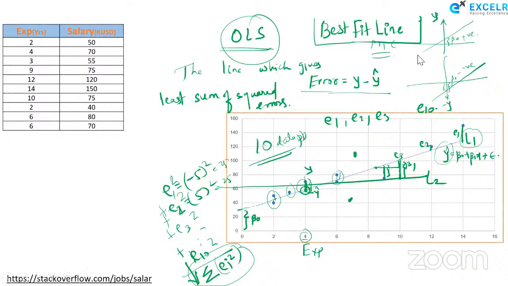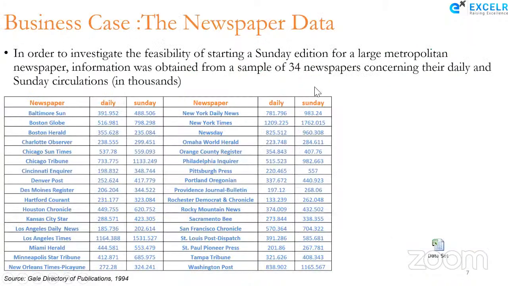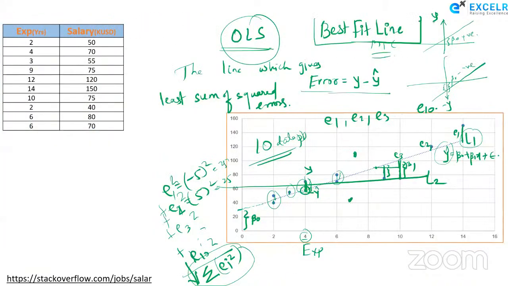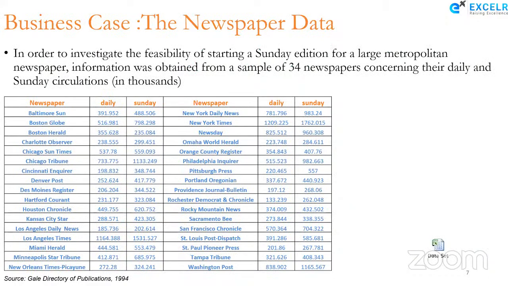All right, now that you have understood the best fit line, let's understand this with a business use case. Let us say I have newspaper data from all the leading newspapers in a metropolitan area.